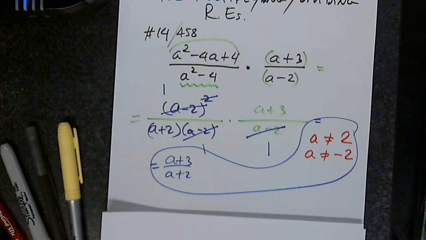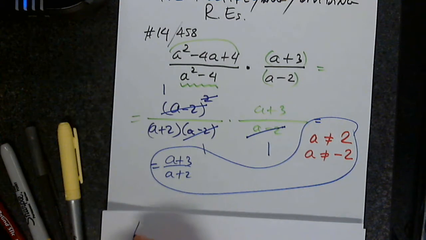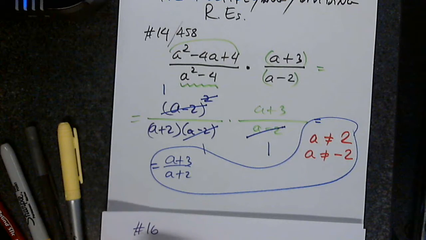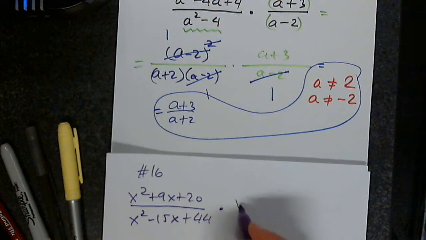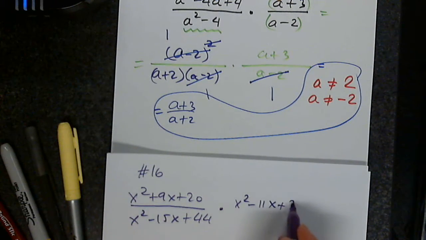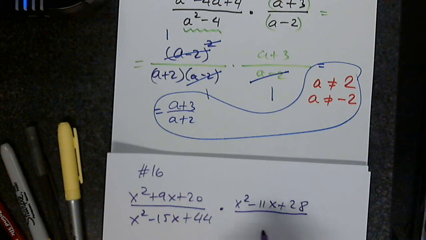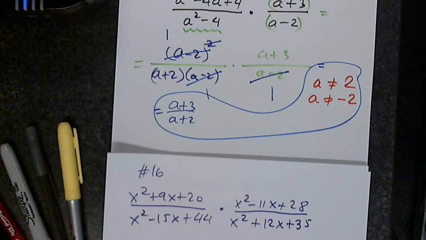Okay, I'm going to choose one and you will work on it. 16. X squared plus 9x. It's a little long, but it's easy. X squared minus 15x plus 44 and multiplied by x squared minus 11x plus 28. It's easy because all leading coefficients are positive, all leading coefficients are 1.